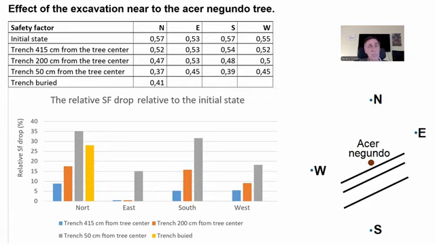You see the major impact was found when the pulling direction was to the north. In this case, we pull the missing roots in tangent, and these are more important. A 35% safety factor drop was observed when we placed the trench just half a meter from the tree center.